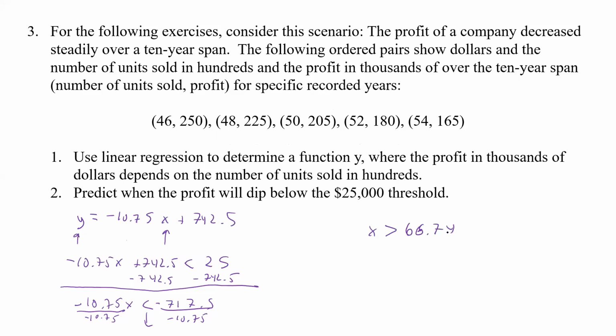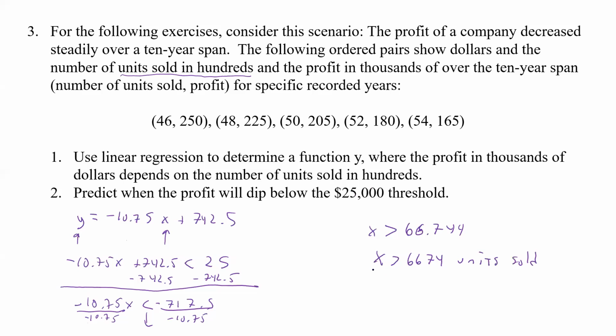Remember, units sold is in hundreds, so I'm going to move the decimal 2 places and convert this back to hundreds. And so x is greater than 6674 units sold. So it has to be that many units sold to stay above the $25,000 threshold.